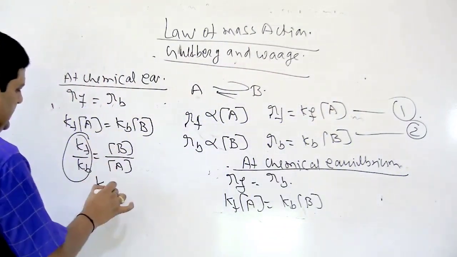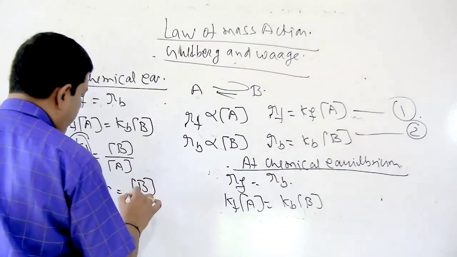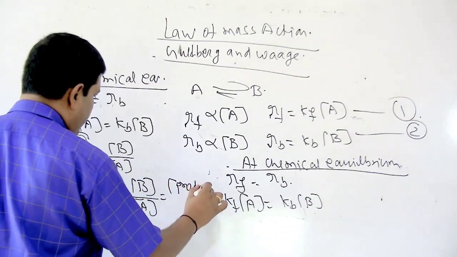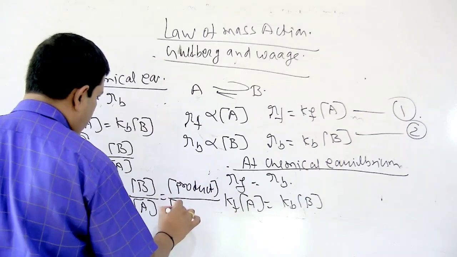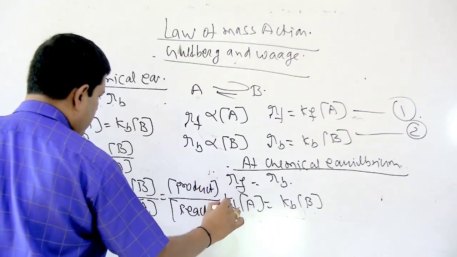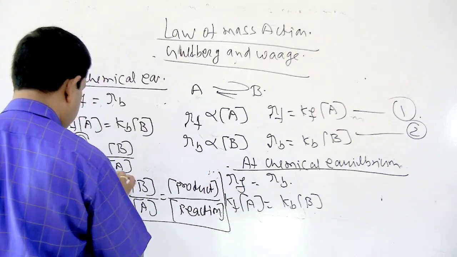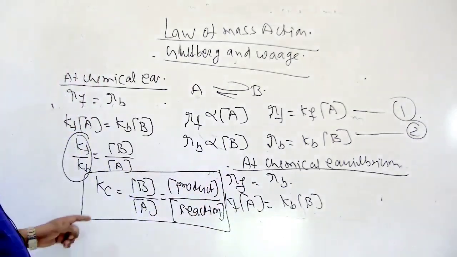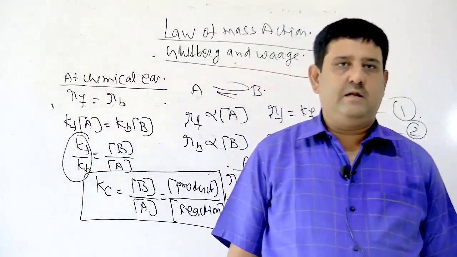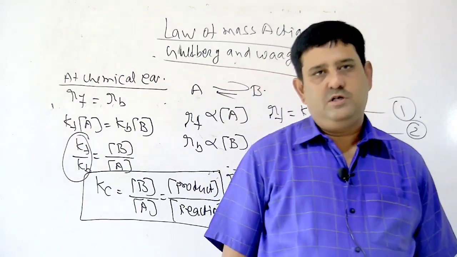So Kc is equal to the concentration of B upon the concentration of A, that is, product concentration upon reactant concentration. This is the expression for the chemical equilibrium constant Kc.